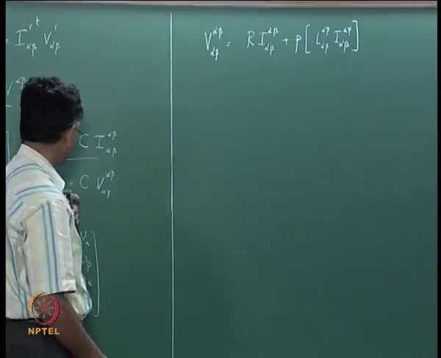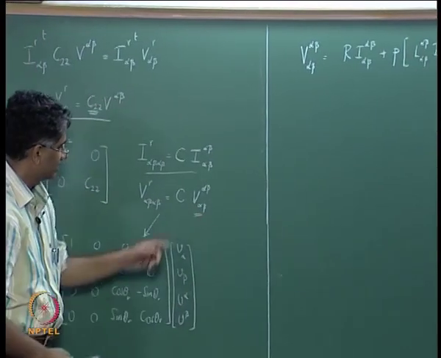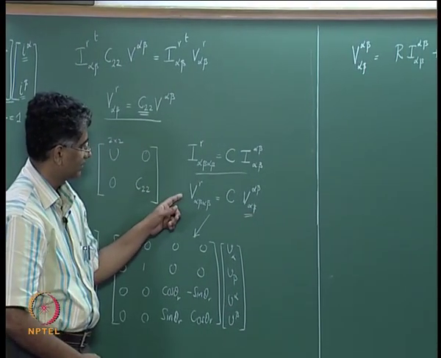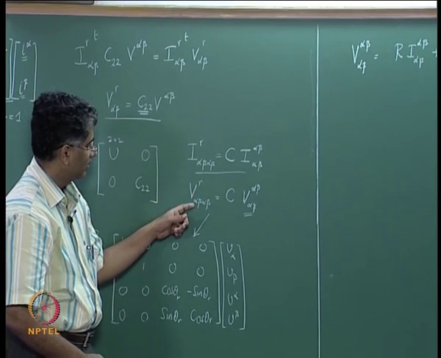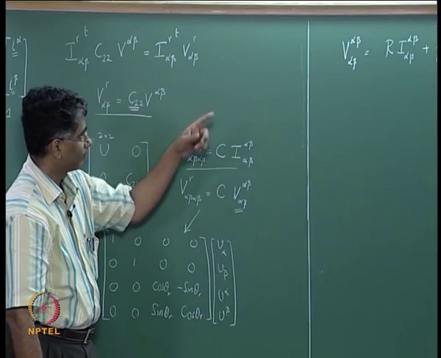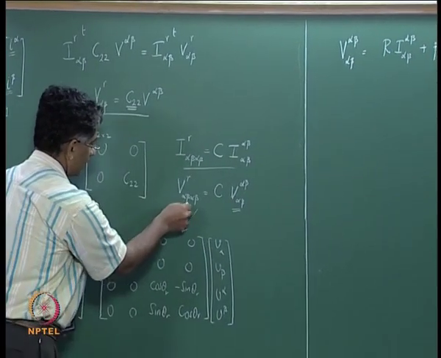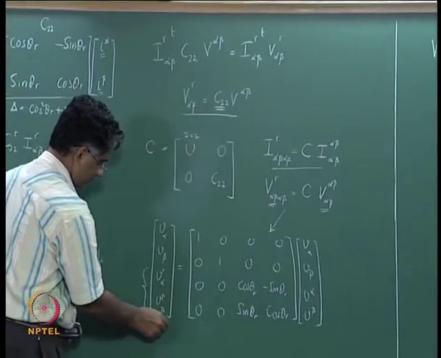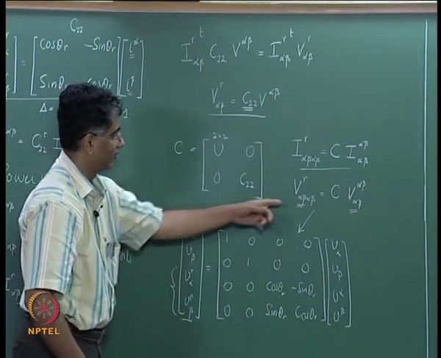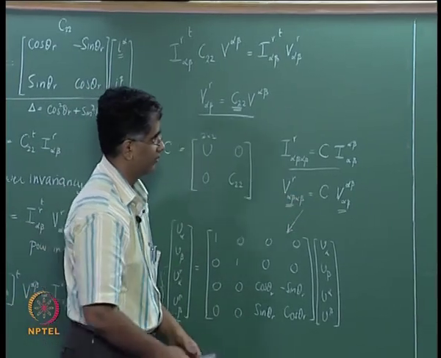Now, substitute these equations. V alpha beta is nothing but C inverse into V R alpha beta, and therefore, we can substitute it there. This V R alpha beta is this matrix where alpha beta is stator variable and the rotor is also referred to alpha beta.